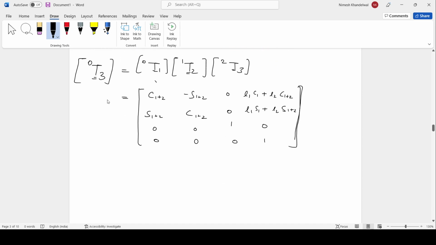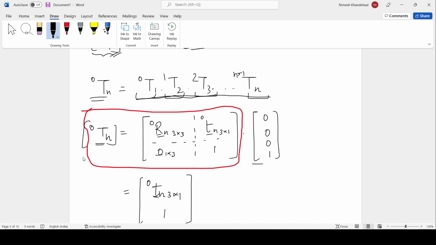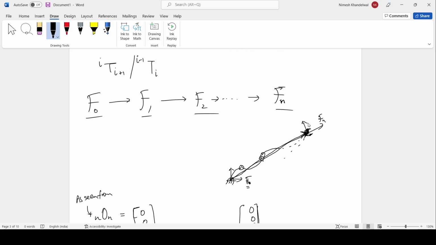So we know that frame 3 is our end effector frame, right? And what if I want the coordinates of my end effector as seen in the base frame? This is what we were discussing here. How do I get the coordinates of my end effector, that is this guy right here, as seen from my base frame?